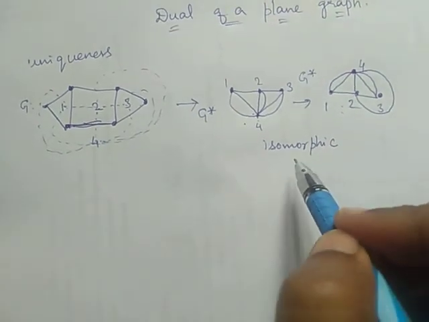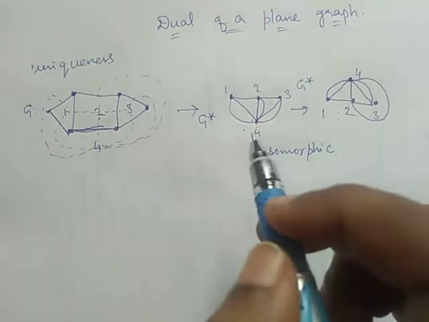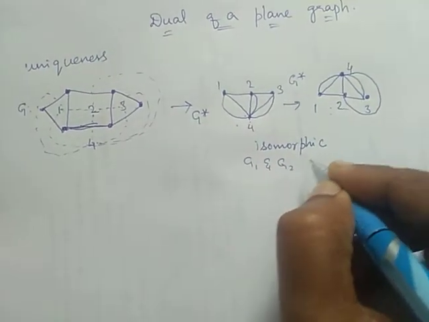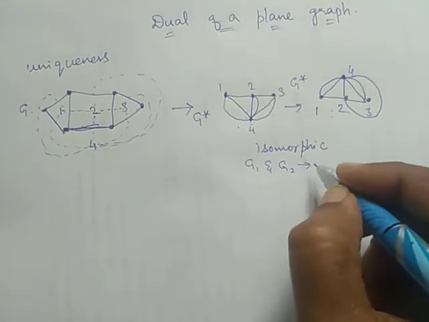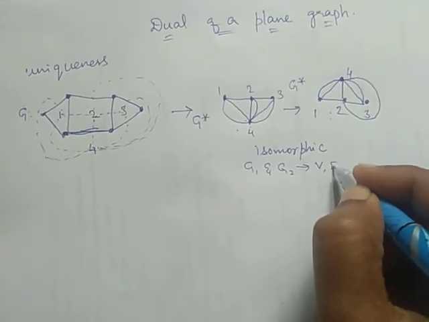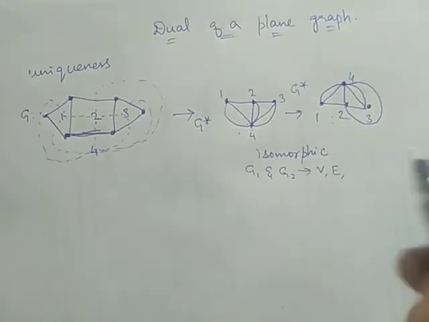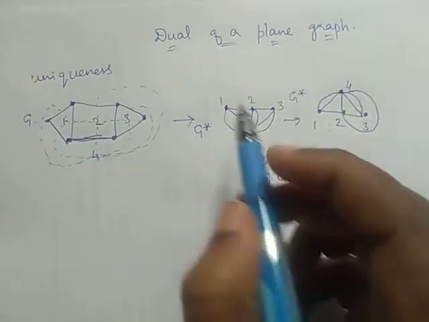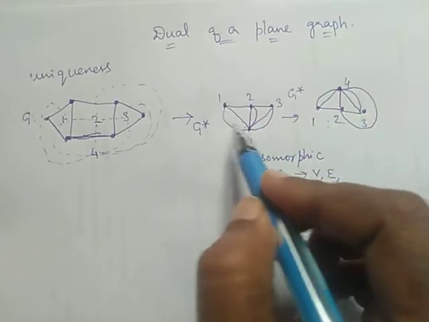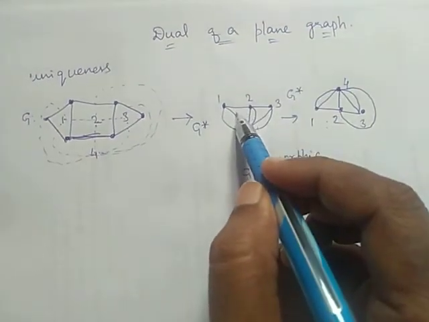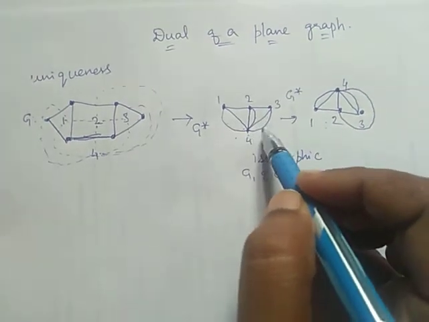What is an isomorphic graph? Graphs G1 and G2 should have the same number of vertices and the same number of edges, and the degree of each vertex should be the same as in the other graph. For example, here we have 4 vertices. Here also we have 4 vertices. Here we have 1, 2, 3, 4, 5, 6, 7, 8 edges.